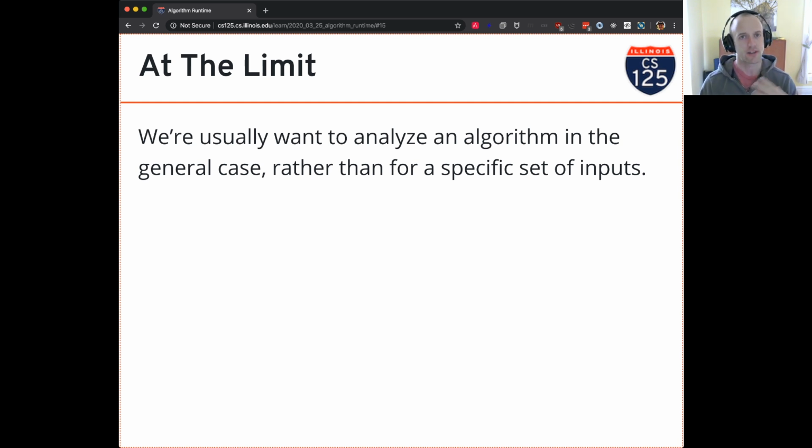But when we talk about the performance of an algorithm like that, we want to talk about its performance in the general case. We rarely care about how long it takes to solve one specific problem. So, what's the performance of our GCD algorithm for these two numbers? We don't care about that. We care about, given two numbers m and n, where m and n could be any number, how long is it going to take?